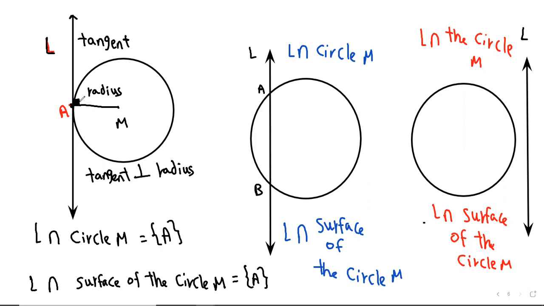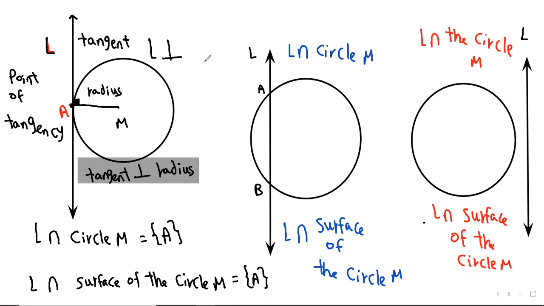And this point A here is called the point of tangency. Okay, so once again, the tangent is perpendicular to the radius from the point of tangency. The point A is called the point of tangency, and the straight line L is perpendicular to the radius. The radius is MA.